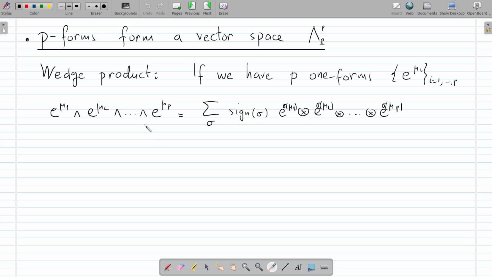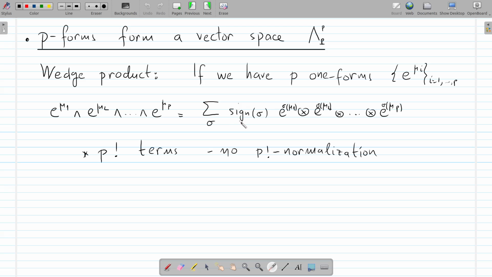So the wedge product can be defined by considering first 1 forms. And let's consider p of those, so that we form a p form by multiplying p forms under this product. So this product is defined by the right hand side of this equation, where we take all possible permutations of those vectors, then we tensor multiply them, and we weigh that with the sign of the permutation.